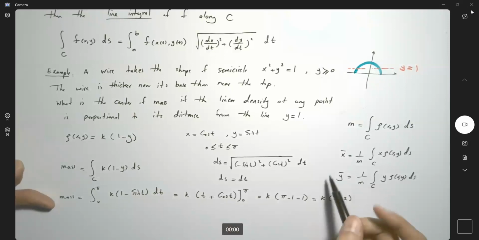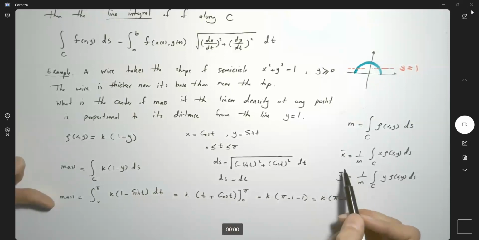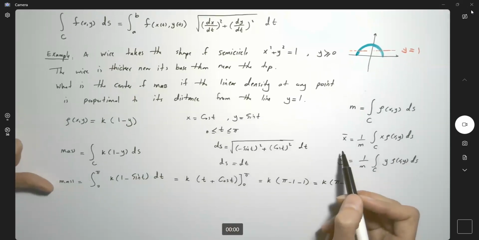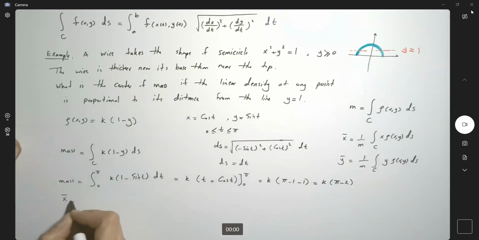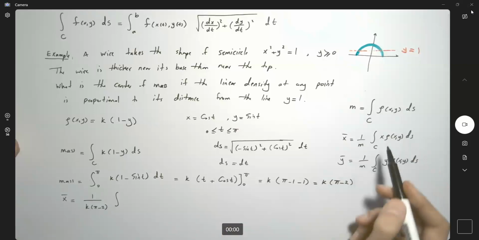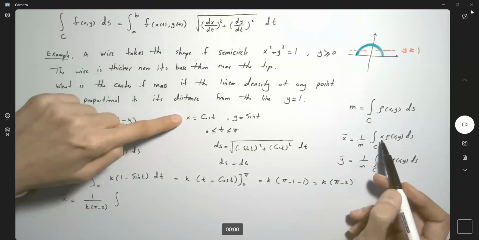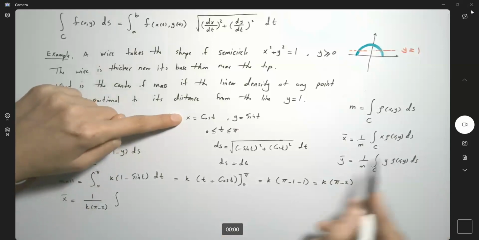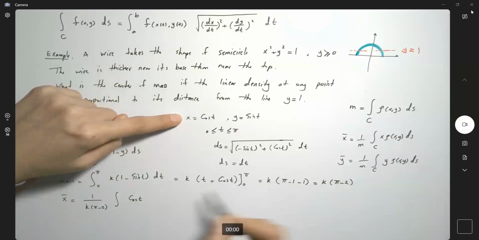Now that you have the mass, you can easily find the center of mass following the formula. x bar is equal to 1 over m, 1 divided by k times pi minus 2, and the integral of x, which is cosine t, and just plug them all back here.